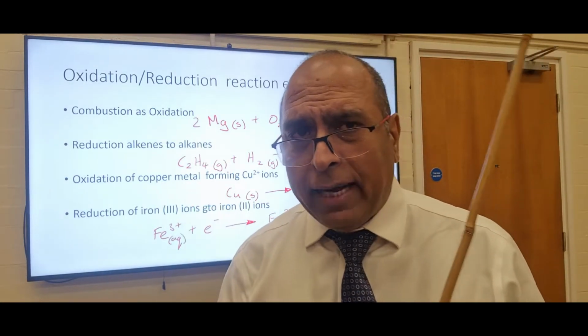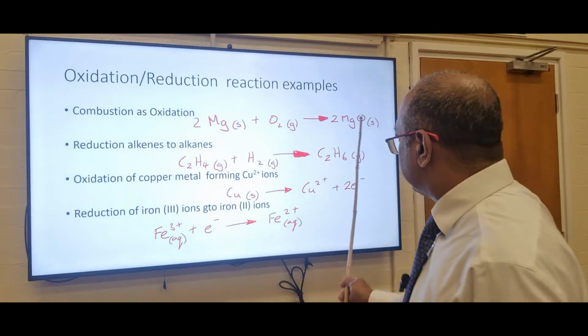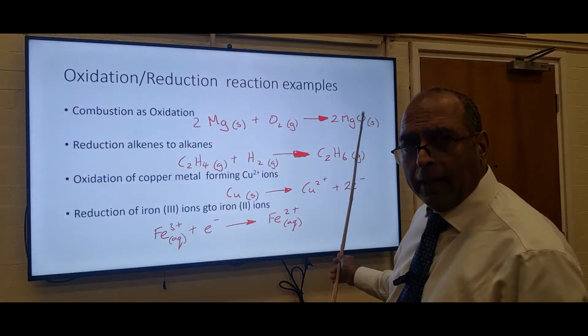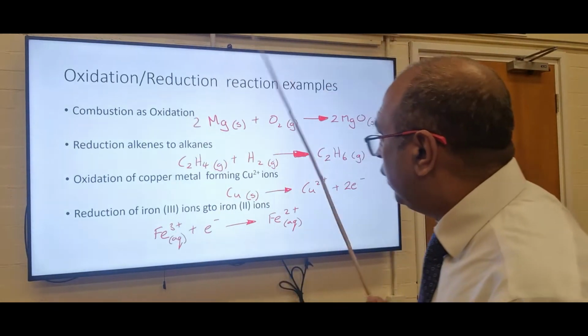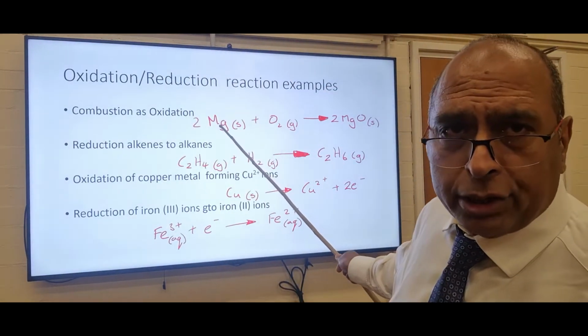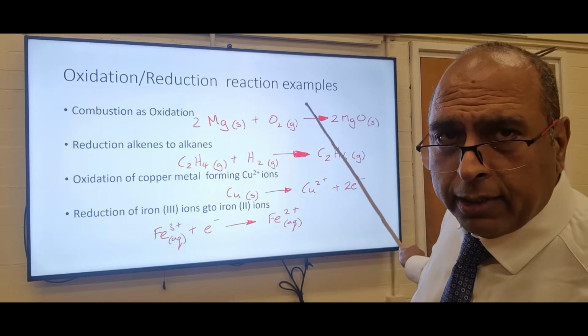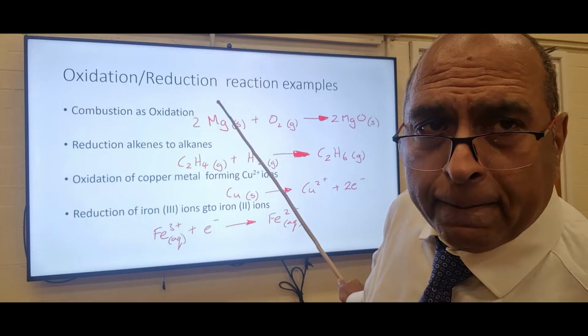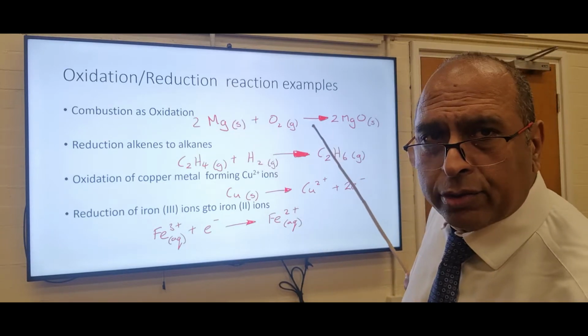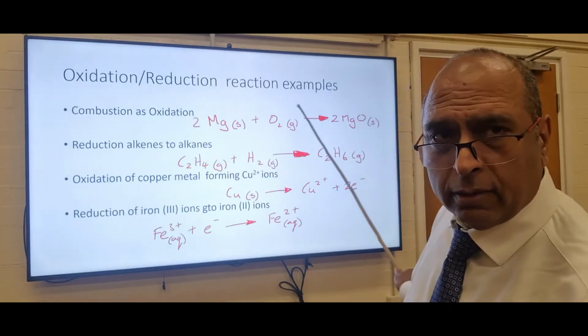The addition of electrons happens there. And that addition of electrons is reduction. Reduction is the gain of electrons. So the magnesium is being oxidized, yes, to magnesium oxide. The oxygen gas is being reduced to oxygen ions in that first equation.